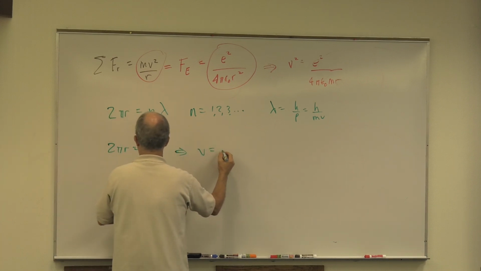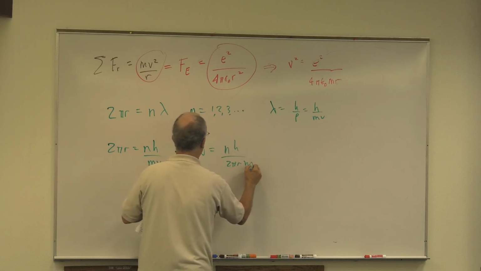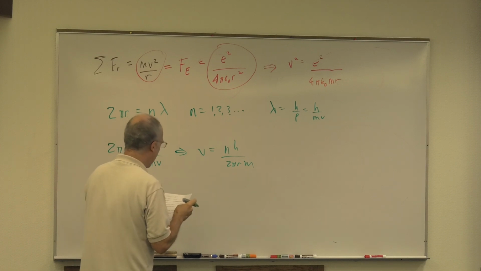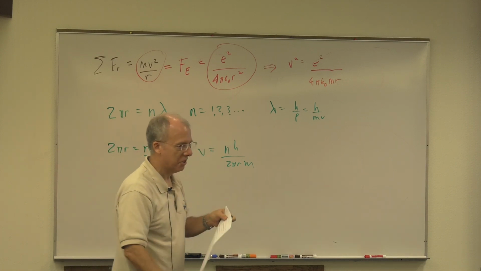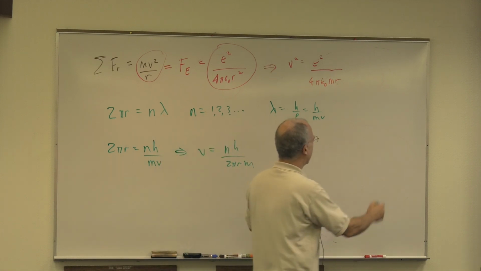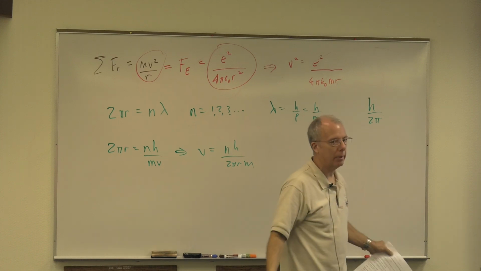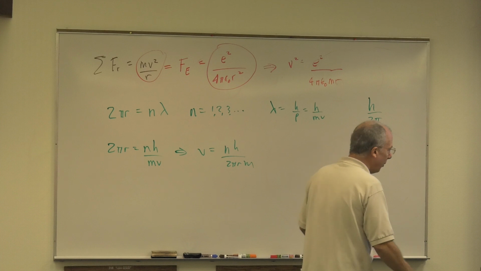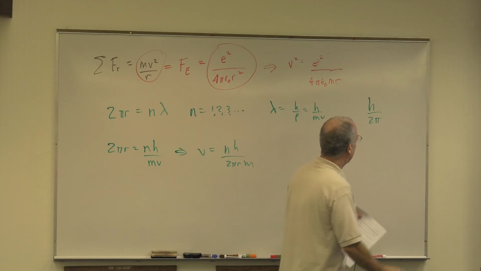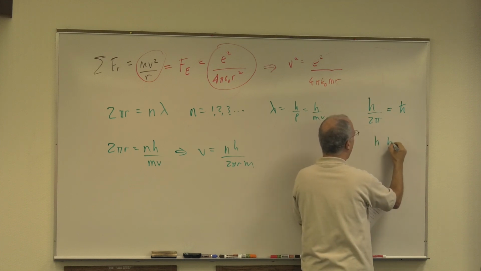So v is nh over 2 pi r m. Now I want to introduce something that shows how lazy physicists are. When you do quantum mechanics, you see this h over 2 pi all the time, and you get sick and tired of writing it. So what people do in the real world, I'm not making this up, is call this h bar.